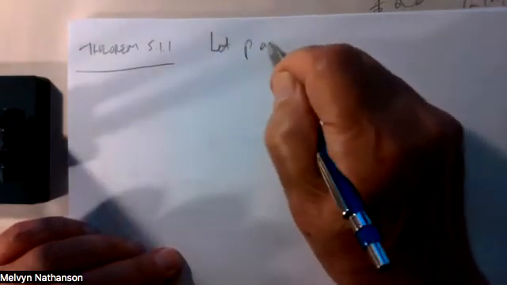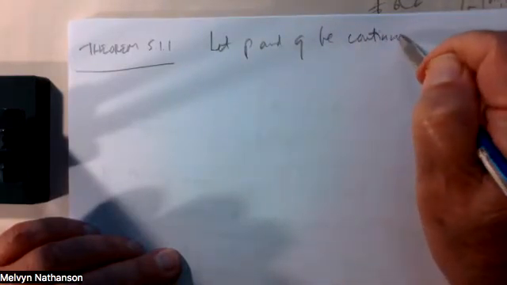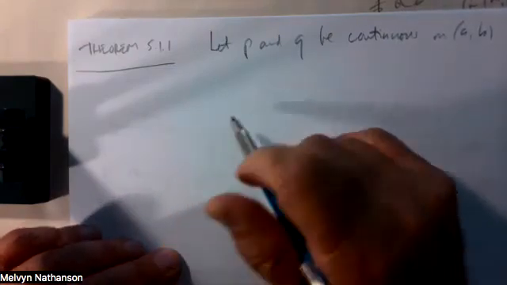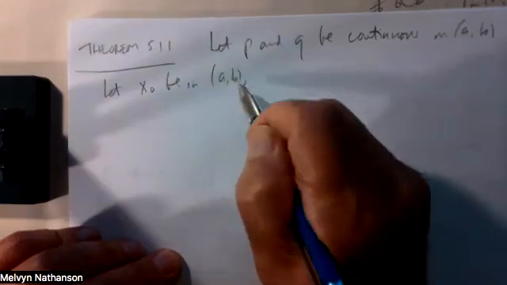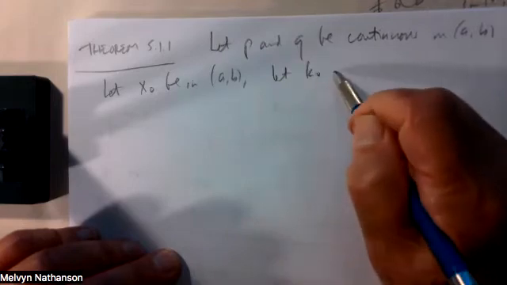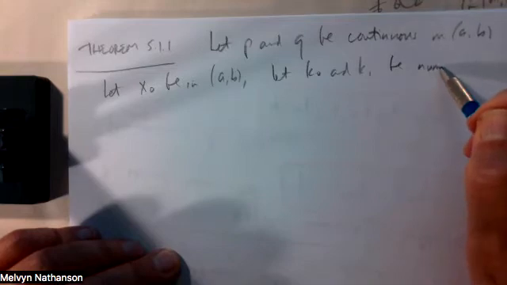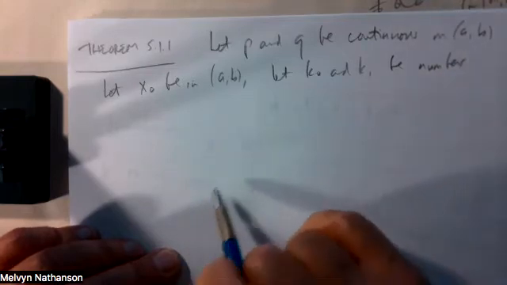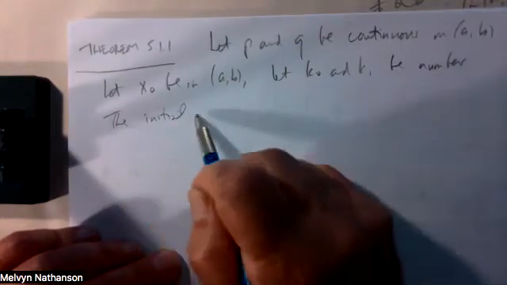Suppose we have functions p and q that are continuous on some open interval from a to b, let x naught be any point in this interval from a to b, and let k naught and k1 be any real numbers. So we have the following initial value problem.